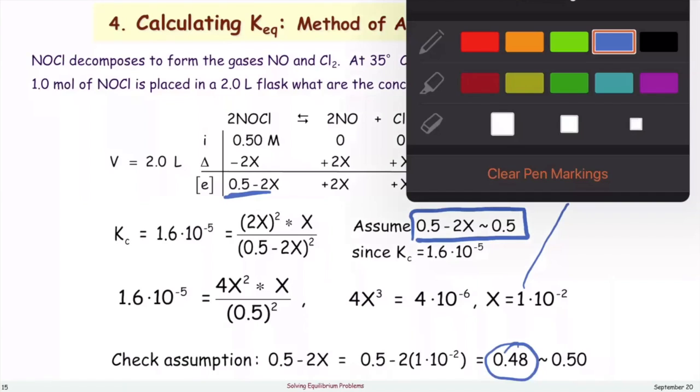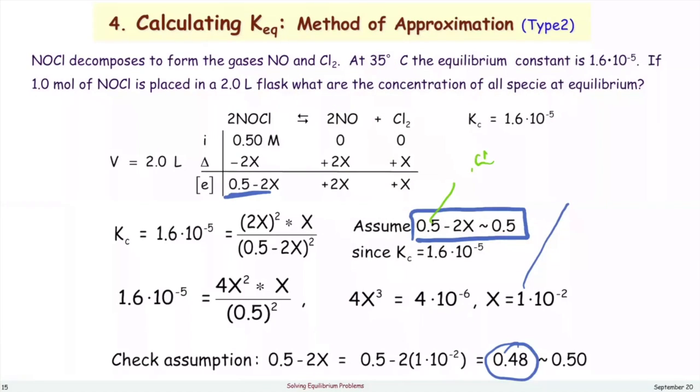In the first iteration, it's 0.48. So what we want to do is use that answer to do the second iteration. Remember the iteration method in algebra or calculus? That's where you get your answer and plug it back into your assumption and then get a new answer.